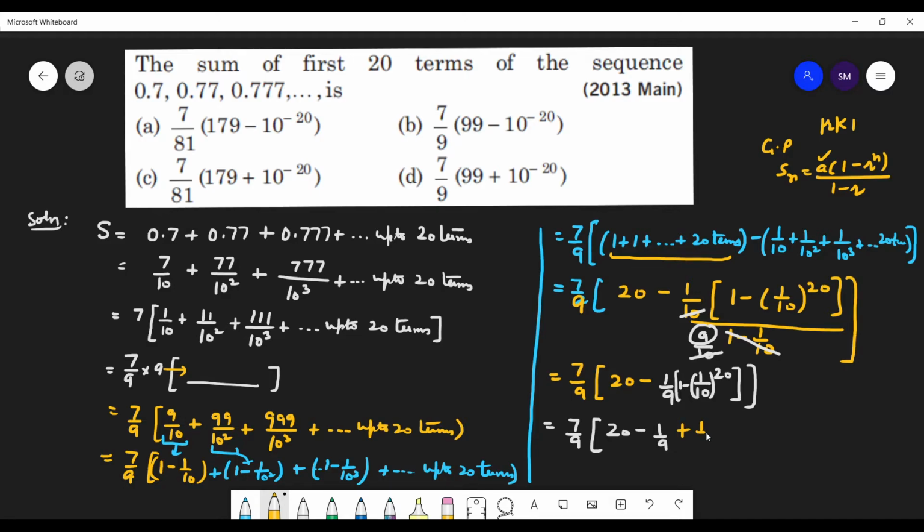So the sum is 4, first term is a, common ratio r, and second term is 3 by 4. Find out the answer.